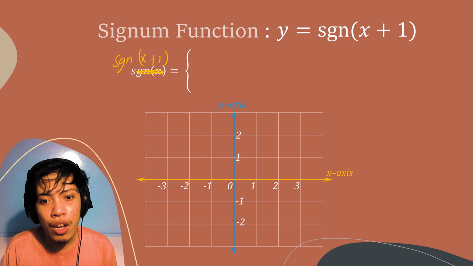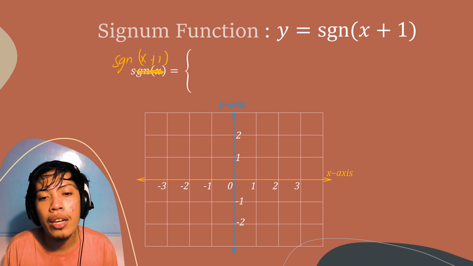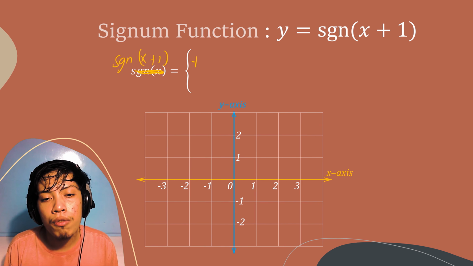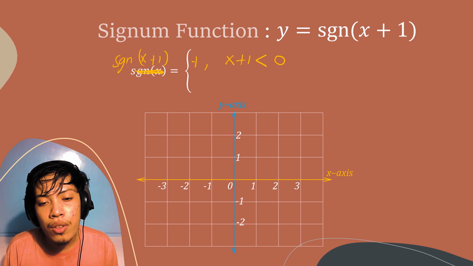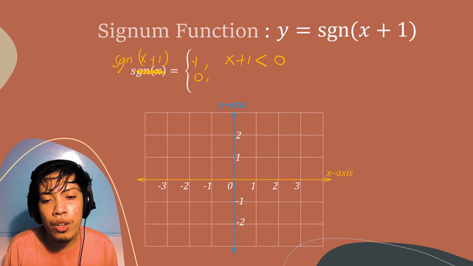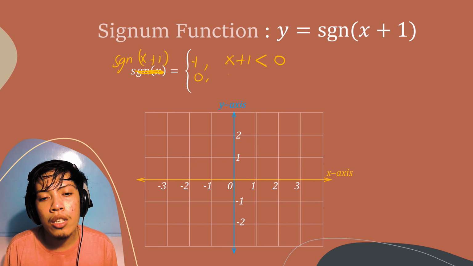The value of the signum function is -1 if whatever is inside the signum notation, that is x plus 1, is less than 0. And the value is 0 if your x plus 1 is equal to 0. And this is 1 if your x plus 1 is greater than 0.